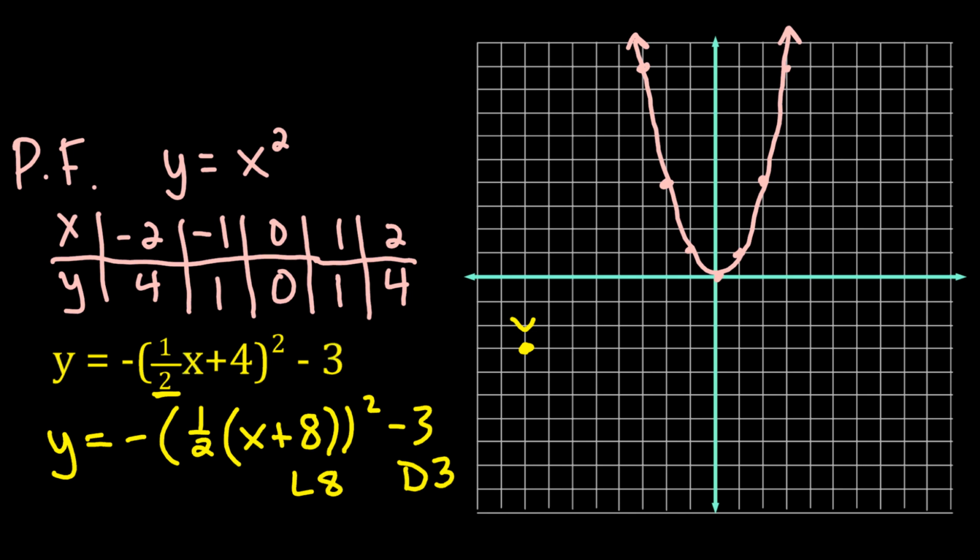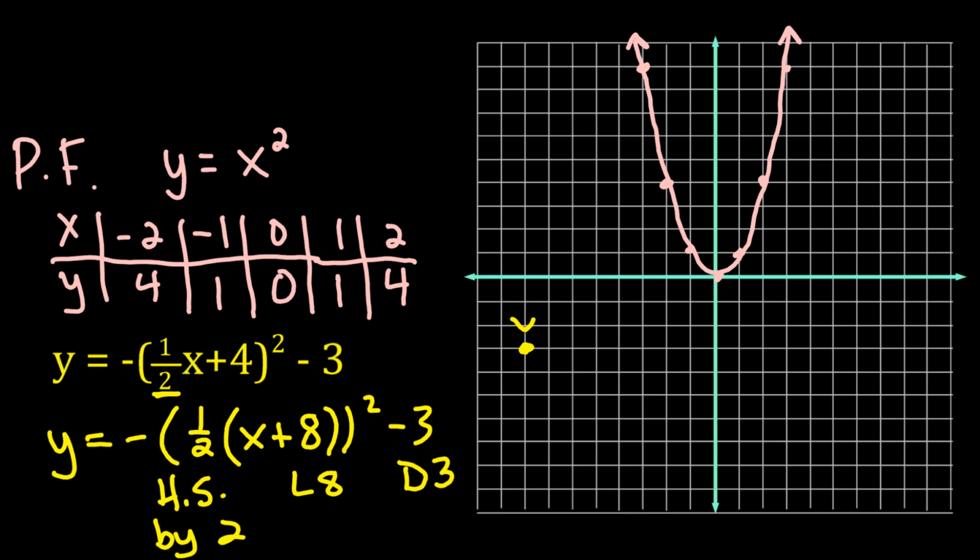Okay. And then we also have this 1/2, which is going to be a horizontal stretch by 2. It's always the reciprocal of that fraction. So if there was a 2 inside there, it would be a horizontal compression by 1/2.